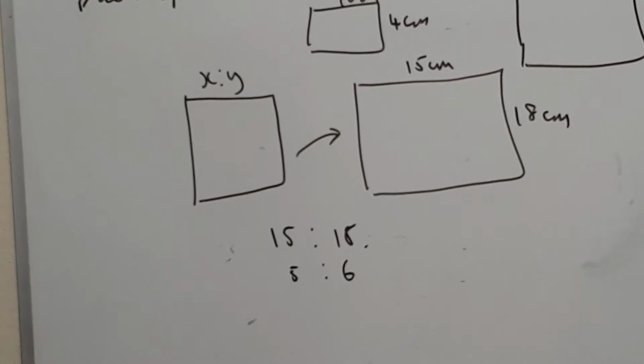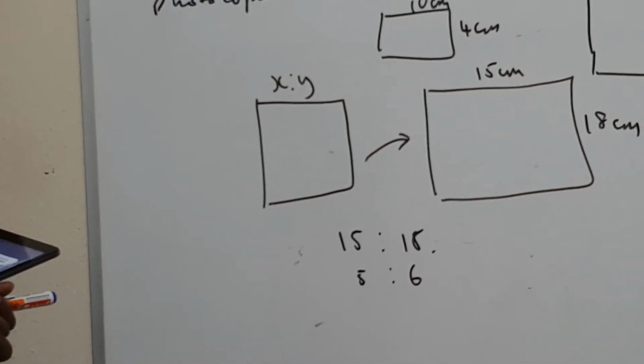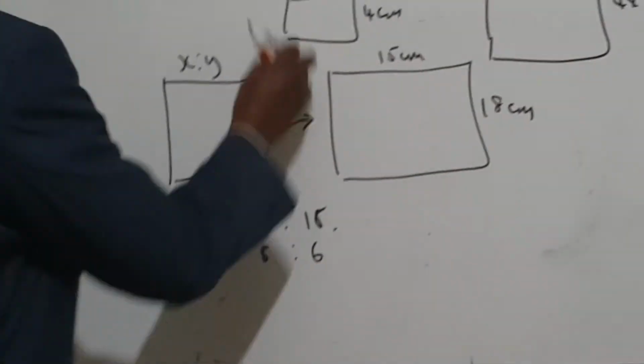Let's look at this one. A photograph measured 12 by 20 centimeter is made smaller in a ratio of 3:4. Now this is the opposite.